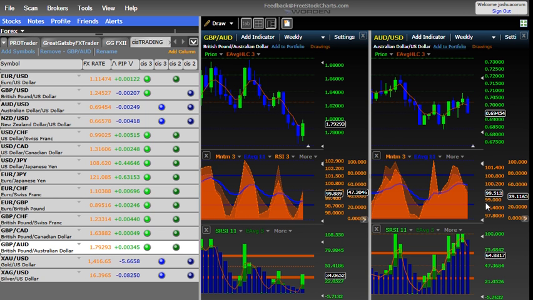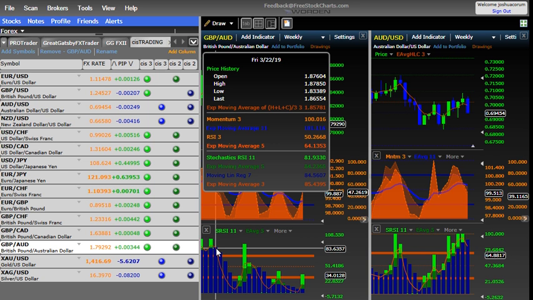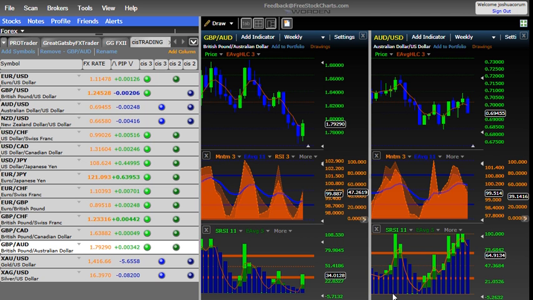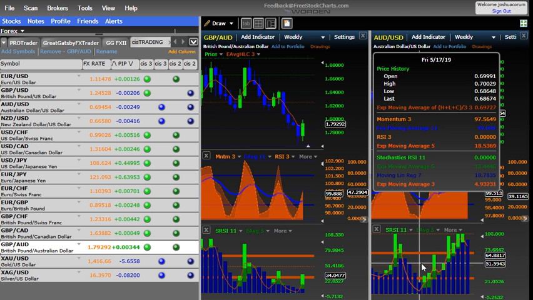On the British pound Australian dollar, we have a buy signal, a true buy signal for the first time in a long time on this weekly. We've actually been in a bearish cycle on this weekly since all the way back to Friday, March the 22nd of 2019, and we've had sort of a bullish attempt since May 17th, 2019.